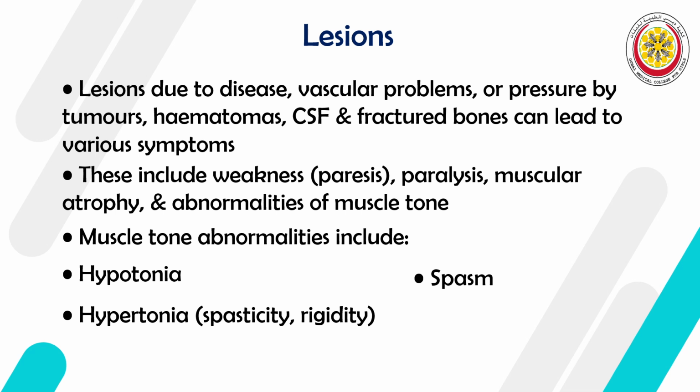Now, if this resistance is continuous, we call it lead pipe rigidity or plastic pipe rigidity. When there is interruption, then it is cogwheel rigidity. Where do you see this? The cogwheel rigidity, I thought you knew about Parkinson's. No, we didn't take Parkinson's yet, but you will take it.